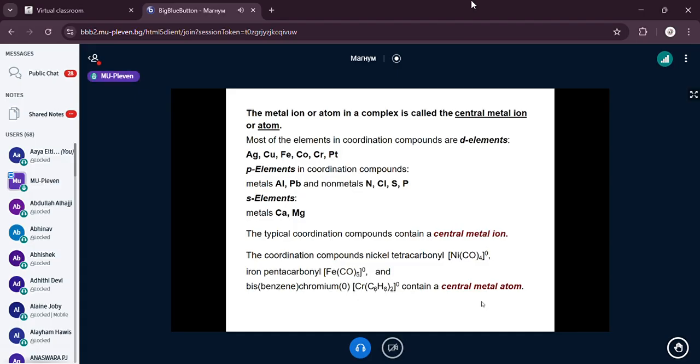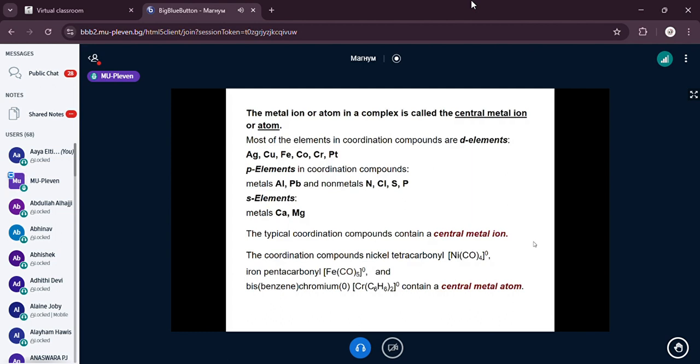I already explained that a typical coordination compound contains a central metal ion. But sometimes we have these next examples of nickel tetracarbonyl, iron pentacarbonyl, dibenzene chromium.